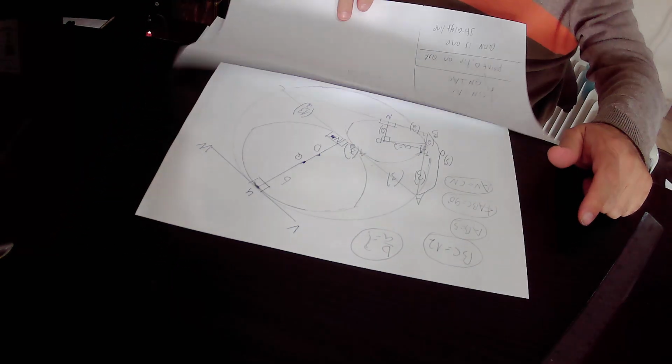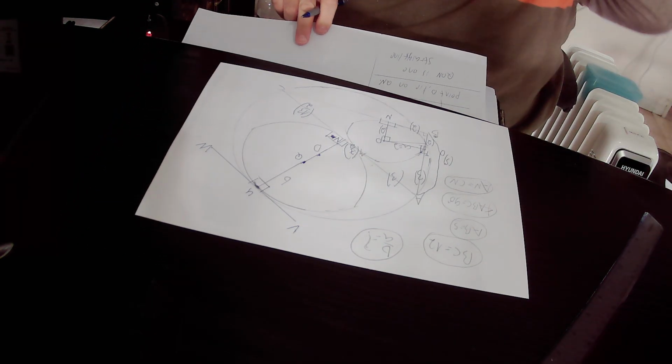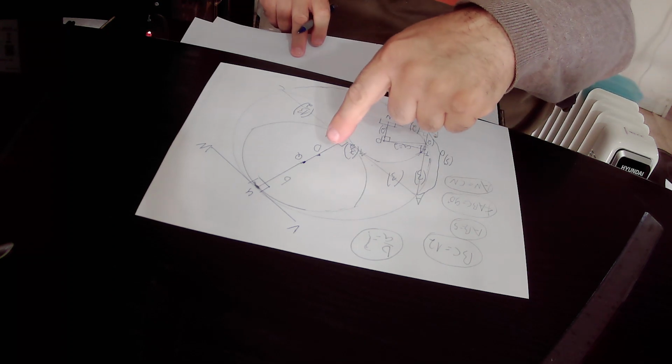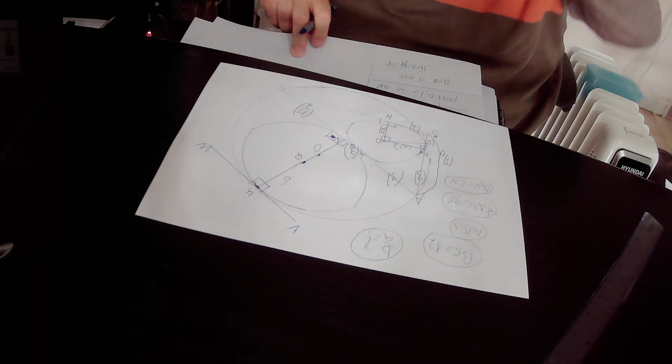Well, because it means that all 3 points O, Q and U are located on the same straight line.